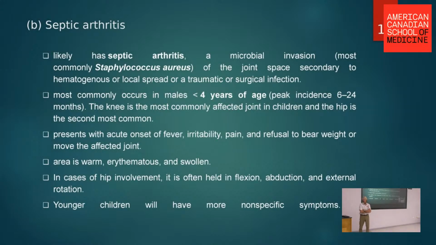So in children, staph is the most common, and it's usually due to hematogenous spread from a secondary source of infection. It can be from trauma, or from a post-surgical infection. More common in males under the age of 4. Acute onset of fever, irritability, refusal to weight bear, warm, erythematous, swollen.